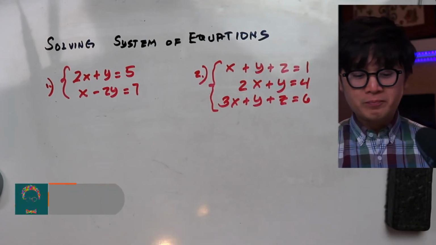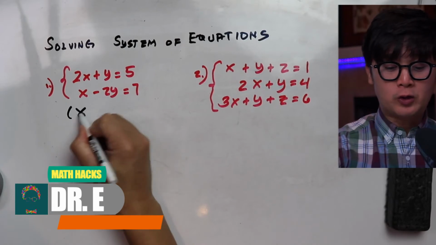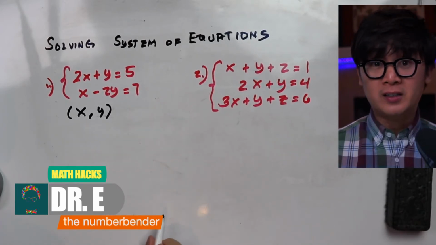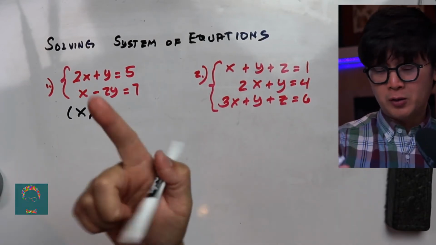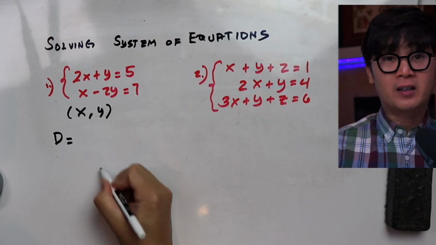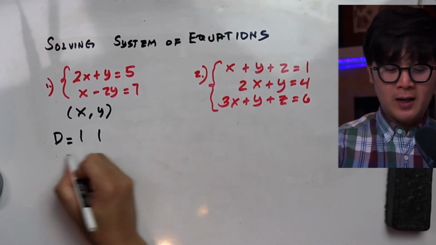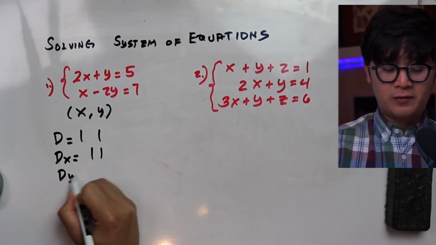So we know that in this particular problem, we need to find the value of the solution of this linear system. So we need to find the coordinate of our point of intersection, x, y. But using the determinant method or Cramer's rule, all we need to do is to find the determinant of the coefficient matrix, the determinant of column x, and the determinant of column y.